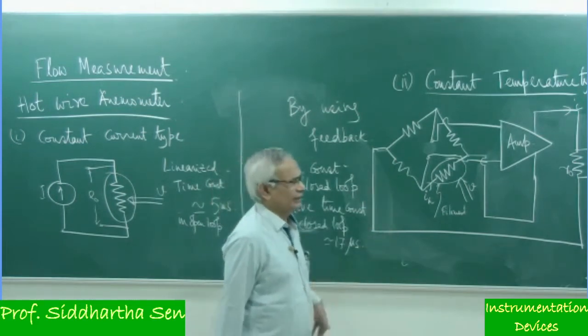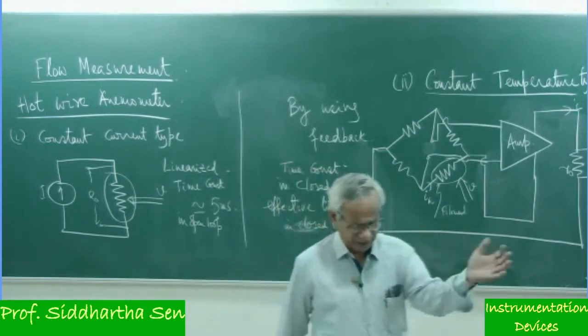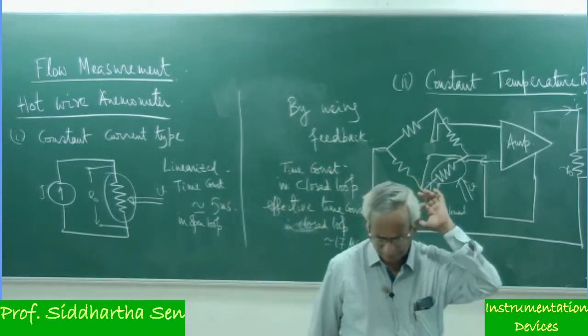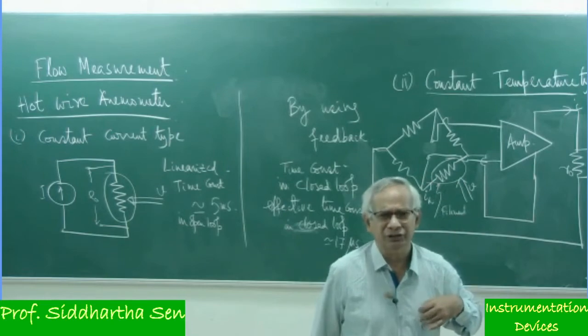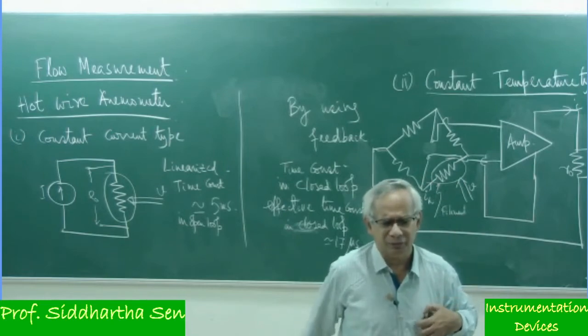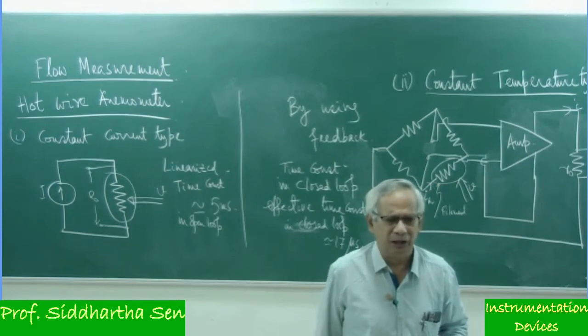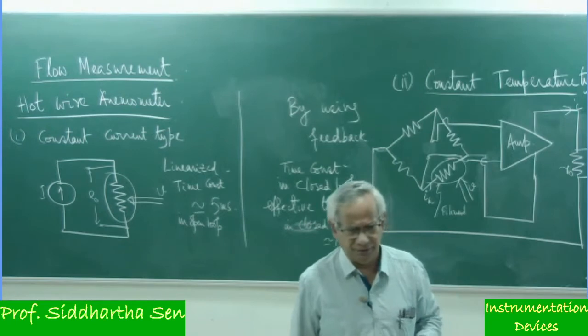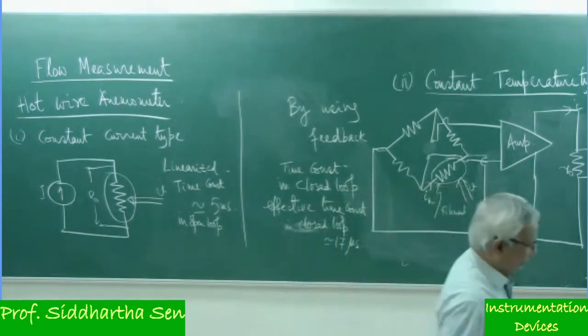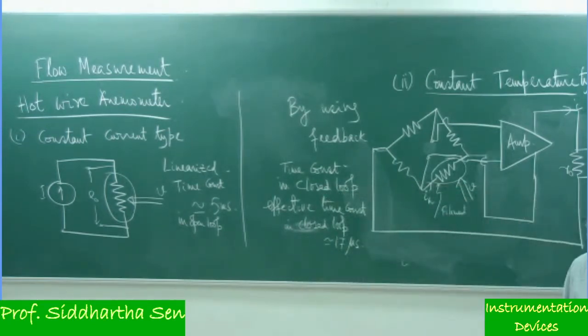In that case, it can measure turbulence of the air velocity at high frequency better compared to the open loop or constant current type. I didn't go through the details, but this is the crux of it.